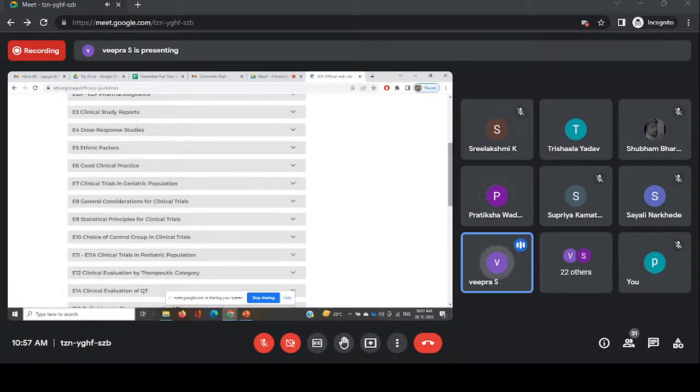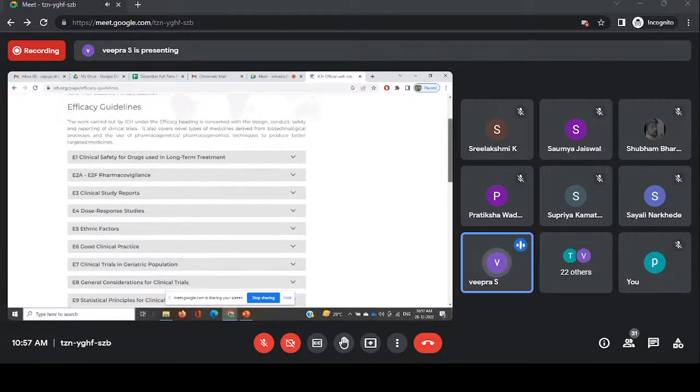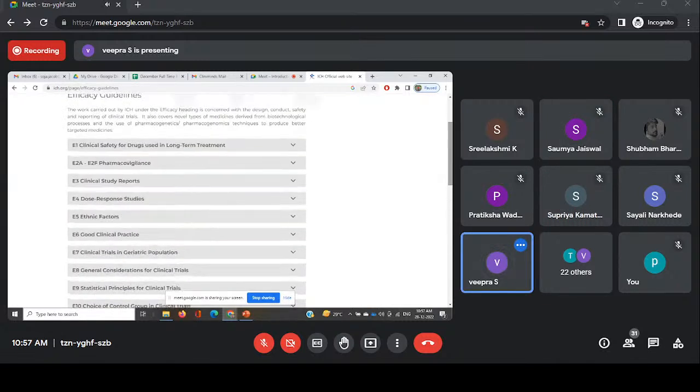The GCP guideline is E6. Here different efficacy guidelines are given. What is the total number of efficacy guidelines? 21. Yes, 21 guidelines are given. We will discuss these different guidelines in another session; here we are just giving the introduction.